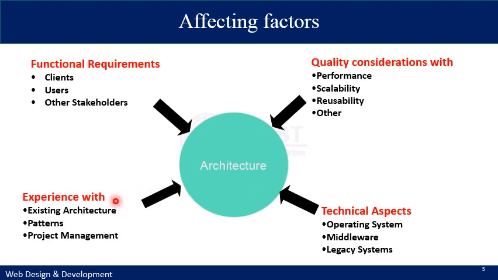And you also have to consider the experience of your development team with the existing architectures, the patterns, and the project management. So if your team is able to handle such technicalities, you can decide which architecture you want to employ in your web application.